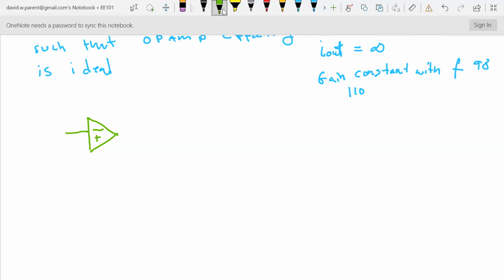I'm just going to call this V minus and V plus and V out. Now in this configuration, there is an equation for V out, and it's open loop gain times V plus, right? Now it's true, we give this a constant, but many times we set it equal to infinity.